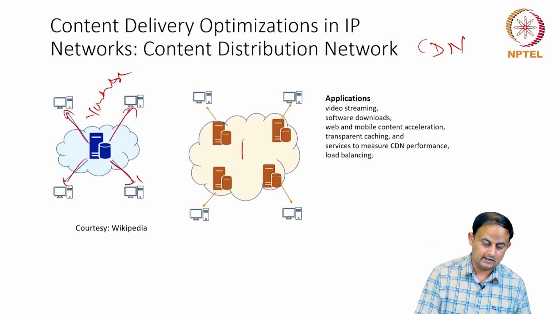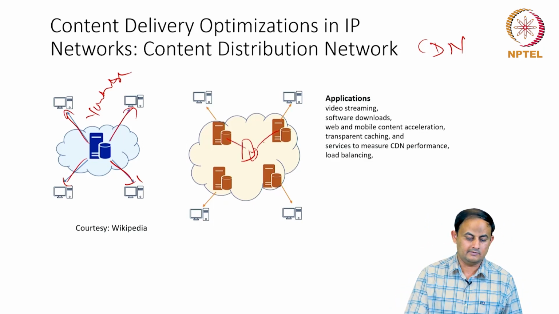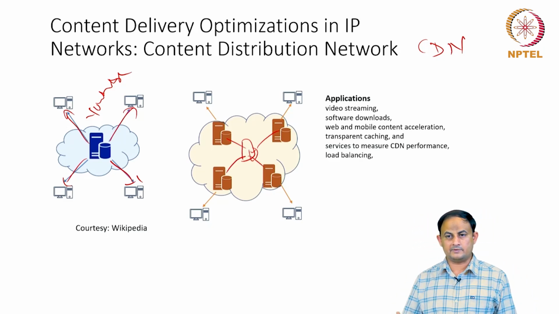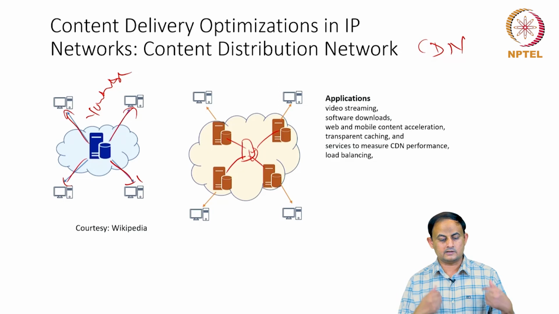You might still have a central server and a central storage system, but that is giving content to all of these regional servers located in different geographies, and when the end users make a request, they are served by the local servers, not necessarily the central server.